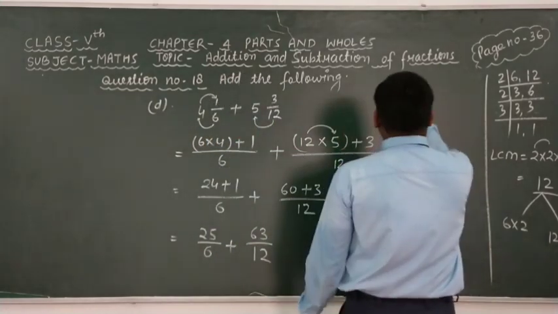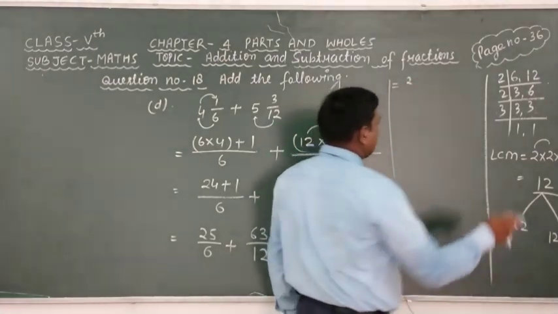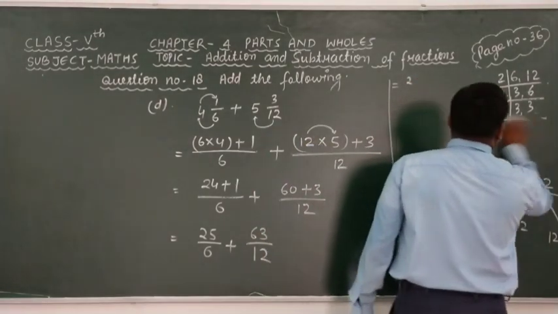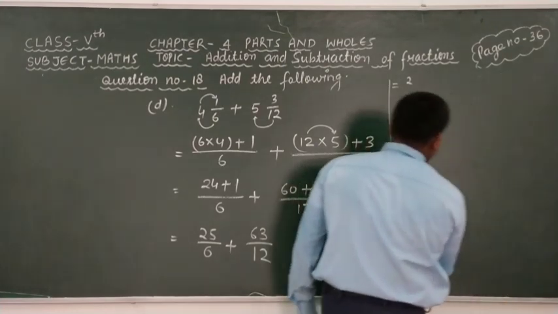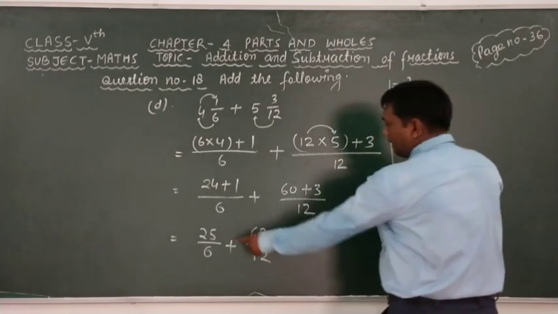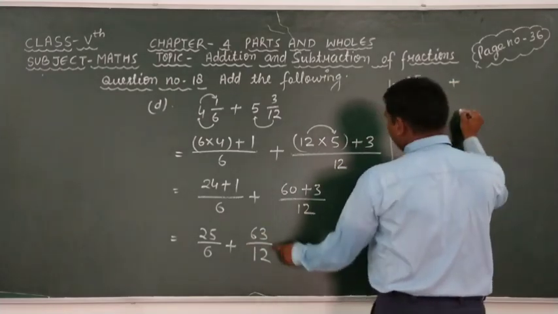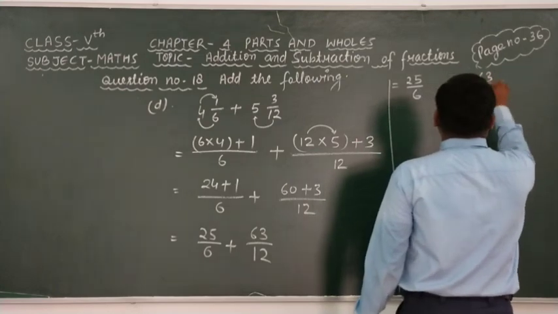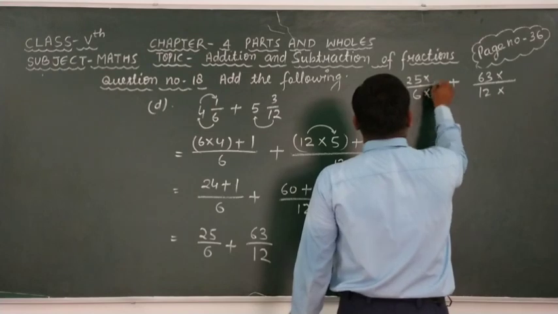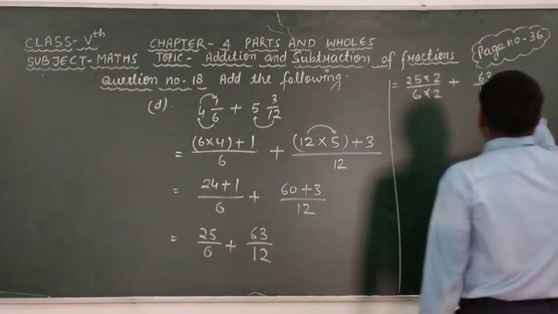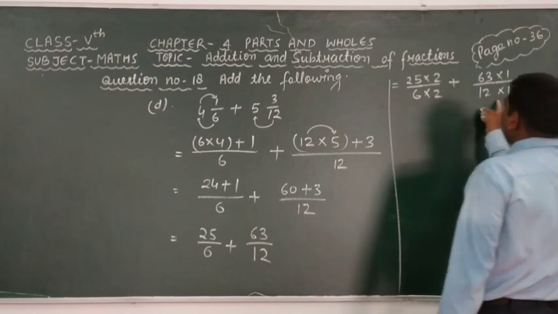Here given that 25 over 6 plus here given that 63 over 12. Okay, understand? In this fraction we have to take the multiplication by 2, and in this fraction by 1 for finding the same denominators.